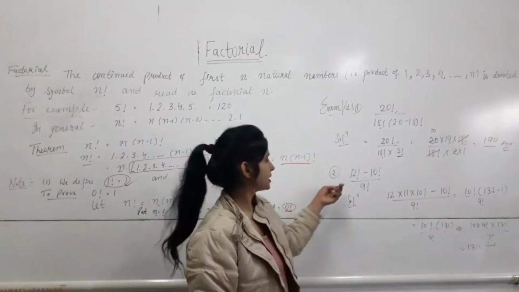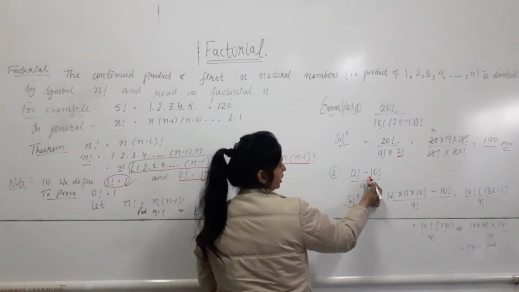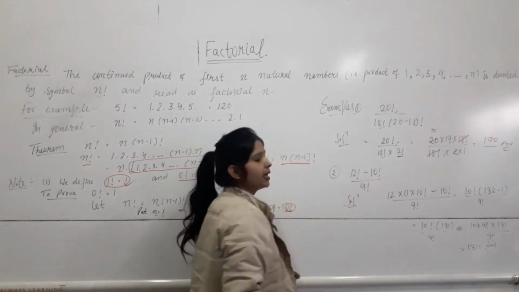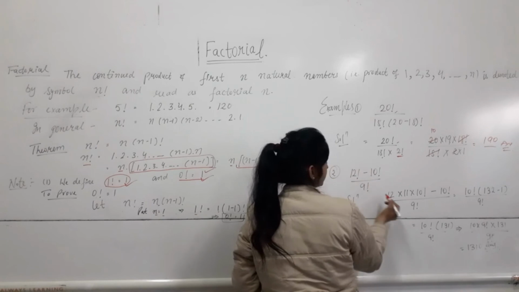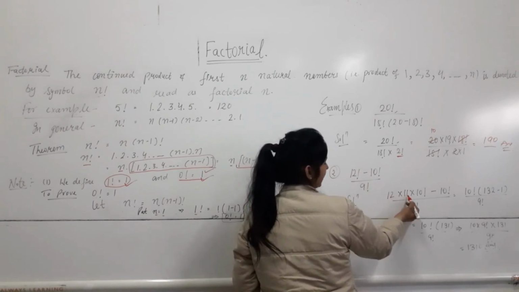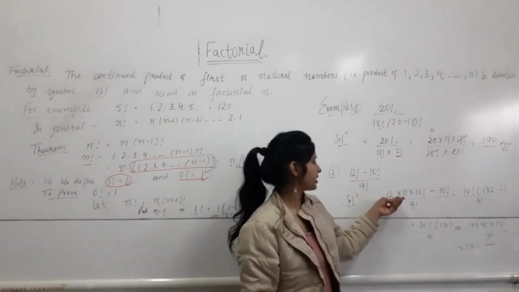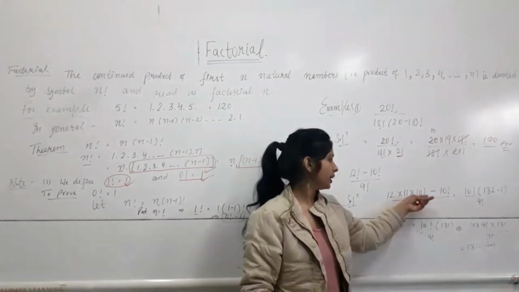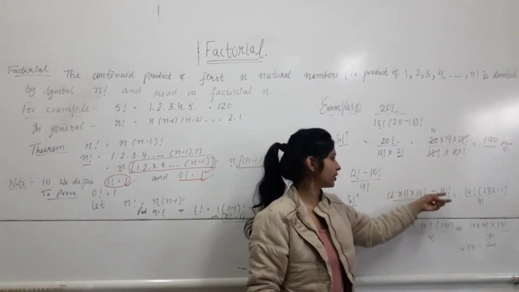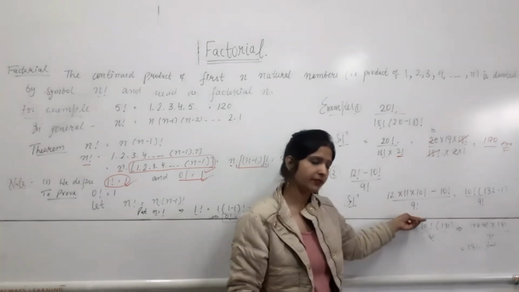Now we will do the second example: 12 factorial minus 10 factorial divided by 9 factorial. Here 12 factorial means 12 into 11 into 10 factorial. We expand 12 factorial like 12 into 11 into 10 factorial, minus 10 factorial, divided by 9 factorial.